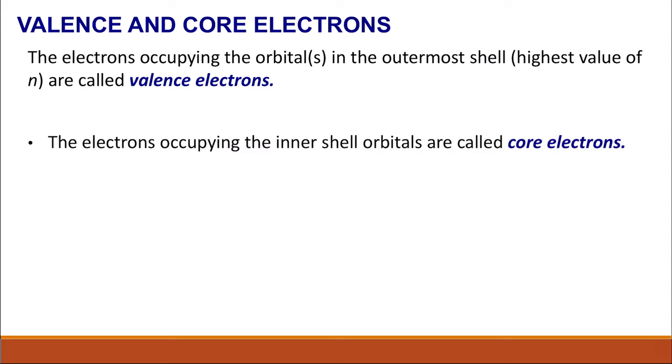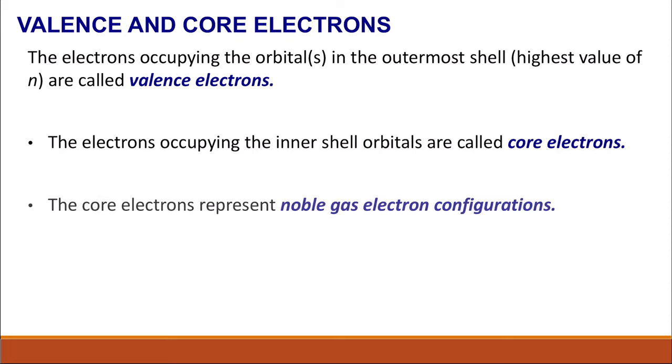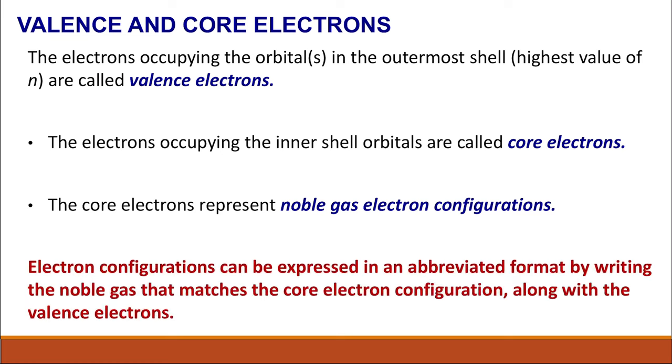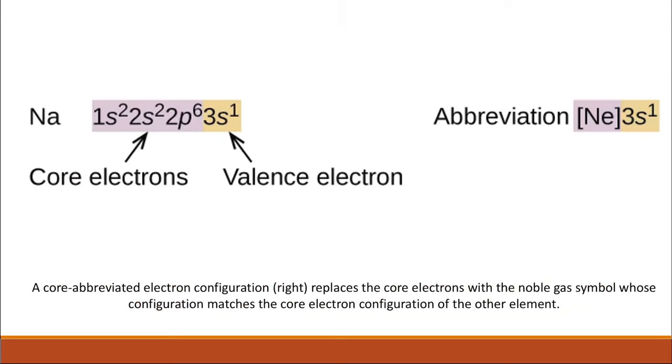The electrons which occupy the inner shell orbitals are called the core electrons. The core electrons represent a noble gas electron configuration. This is why the electron configuration can be expressed in an abbreviated format by writing the noble gas that matches the core electron configuration along with the valence electrons.